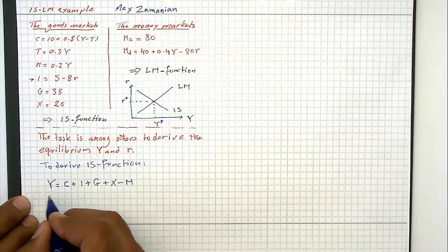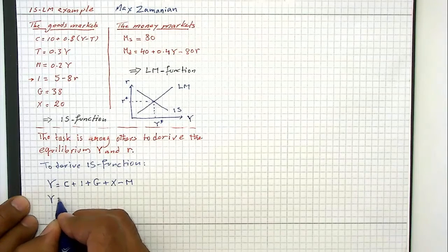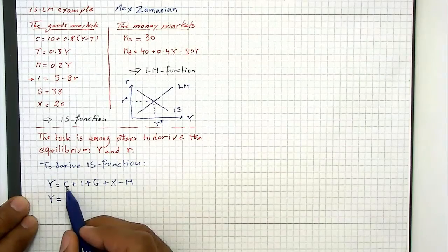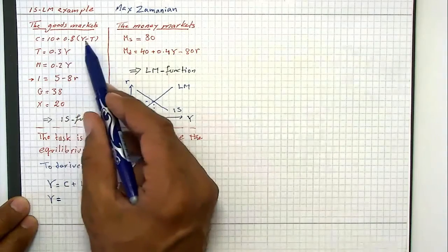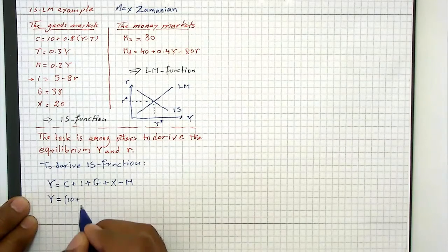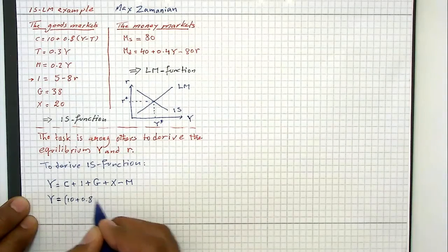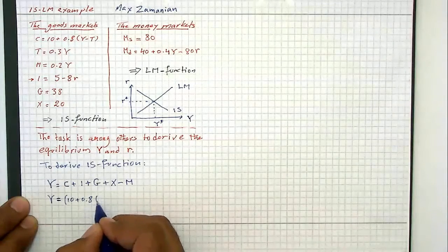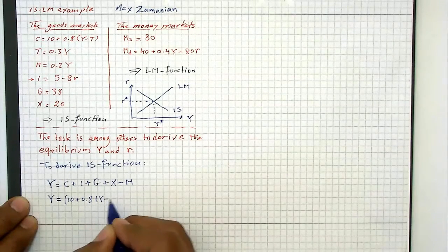Next, we can insert the consumption function from above here instead of C. So we have 10 plus 0.8 times (y minus t).